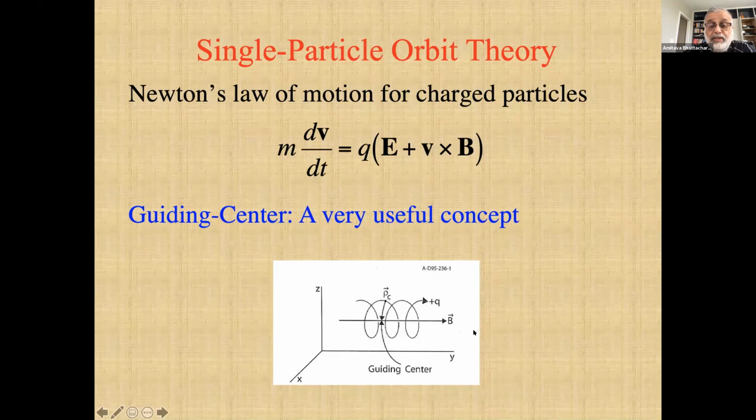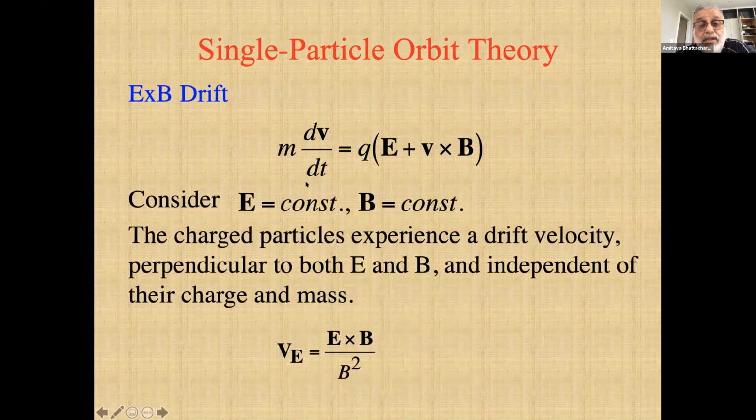The magnetic field is along y, the motion is along x and z. So if you consider as a special case where you have a constant electric field and a constant magnetic field, it can be shown by rigorous substitution in this equation that if you write this as m dv parallel/dt, then this term makes no contribution and this equation simply becomes parallel to the magnetic field.